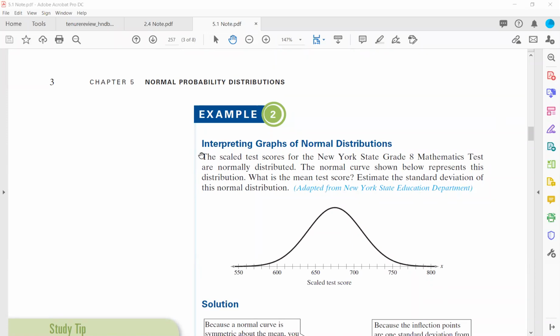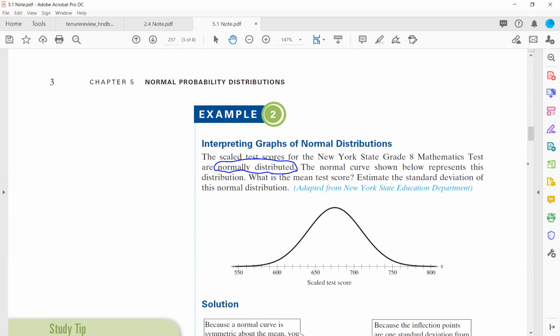So in this example, the scaled test scores for the New York State grade 8 mathematics test are normally distributed. So we know that it's a normal distribution. The normal curve shown below represents this distribution.